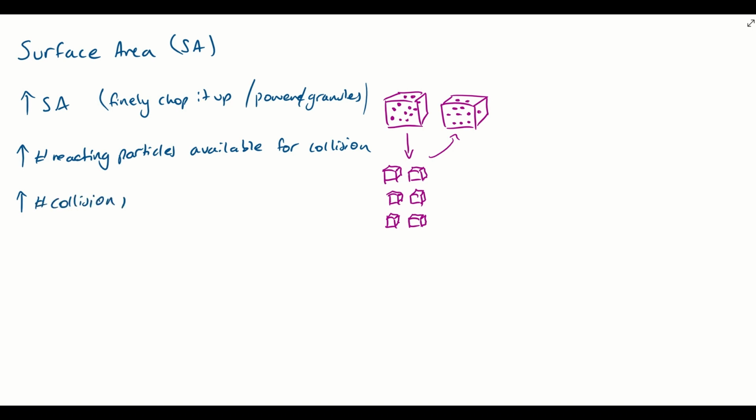And if we increase the number of collisions, we're going to increase the number of successful collisions. And we know that in turn increases our reaction rate. So if we increase the surface area, in other words, we finely chop up our reactant particles into tiny little pieces, or we put them in powders or granules, okay?